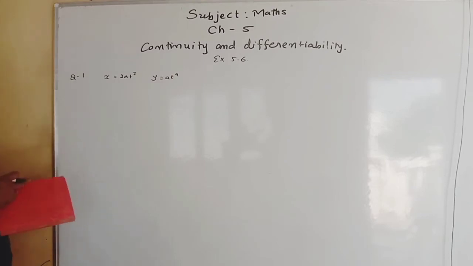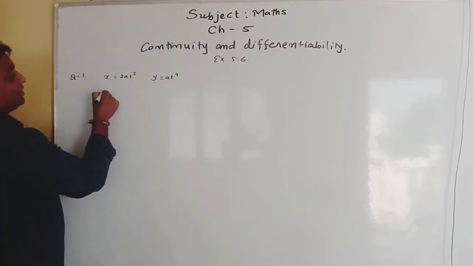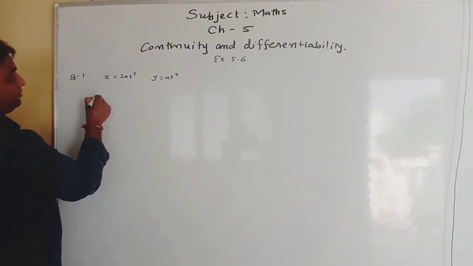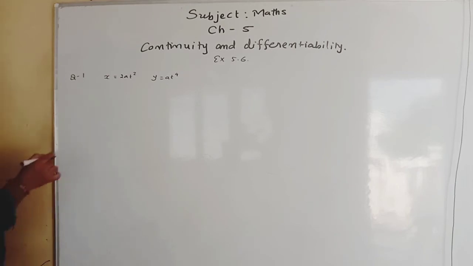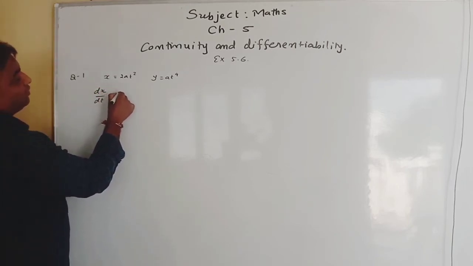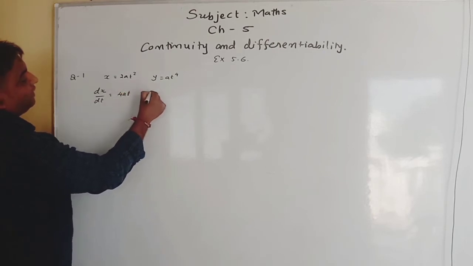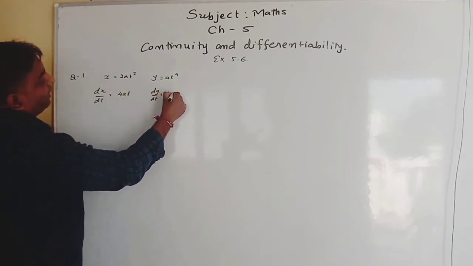And we have to find out y differentiation with respect to x. So here, first we will find out x and y differentiation with respect to t, and dx by dt equals to 4at and dy by dt equals to 4at cube.